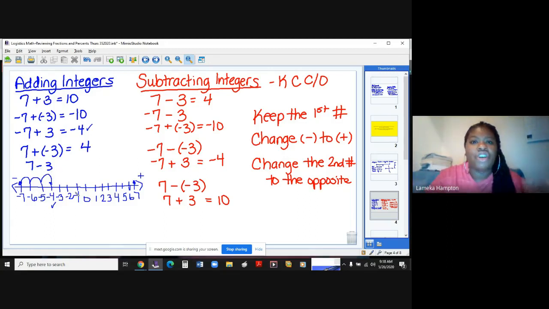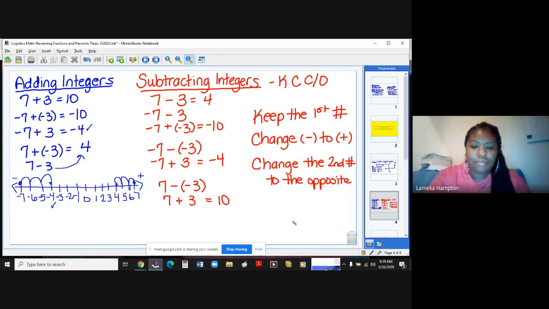Okay, but to show this on the number line, I am going to go back 3 spaces. I'm going to move 3 spaces to the left because 3 is negative. Okay, so I have 1, 2, 3. And as we can see here, 7 plus -3, or we can say 7 minus 3, is equal to 4.